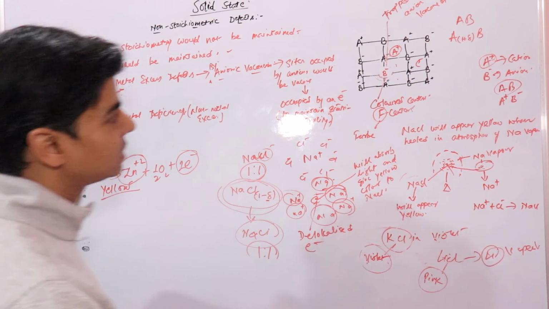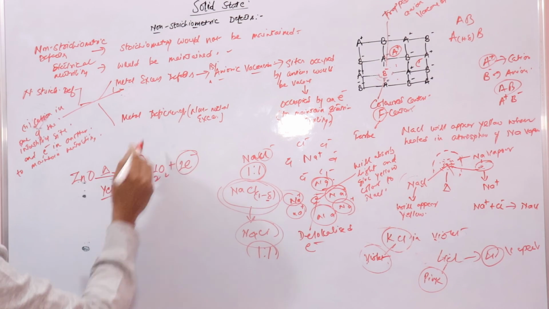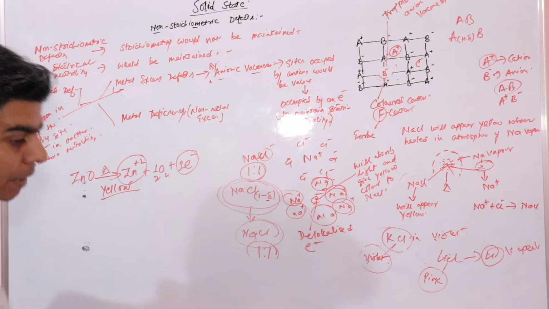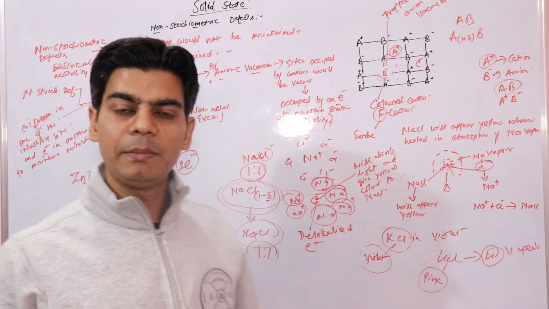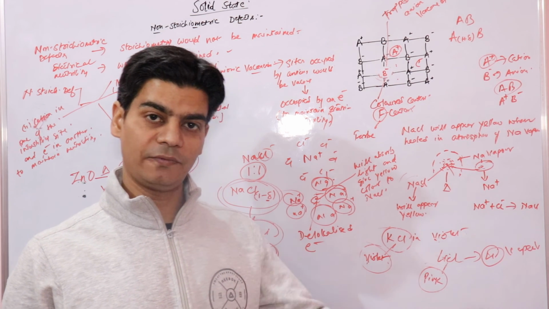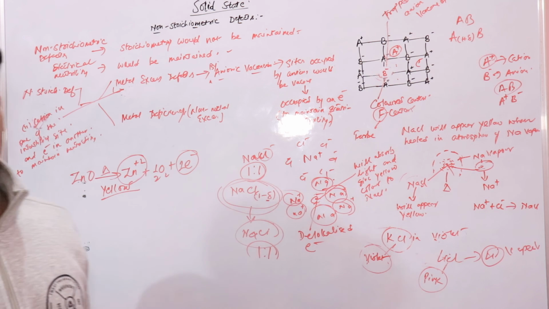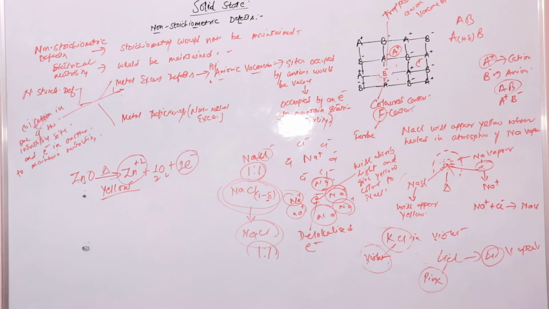Actually, these metal deficiency defects are shown by compounds that have variable valency, like iron, right? Iron has valency ferrous and ferric. So these kinds of compounds will show metal deficiency defects.